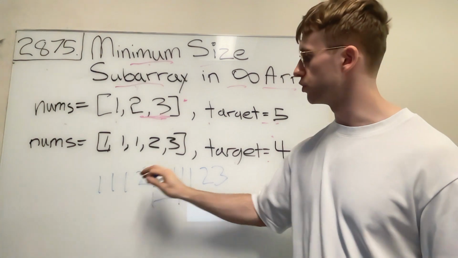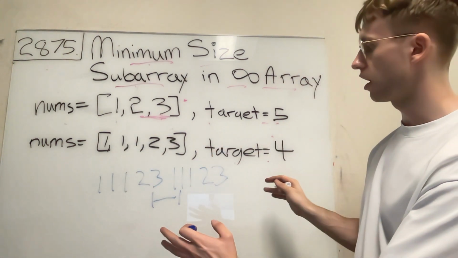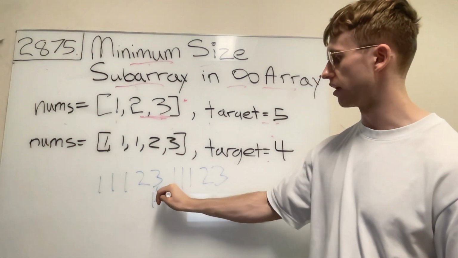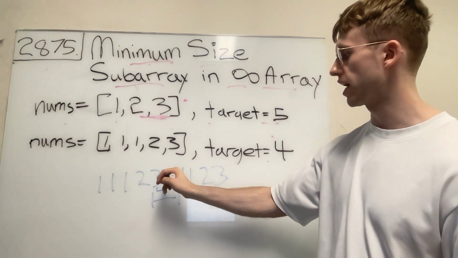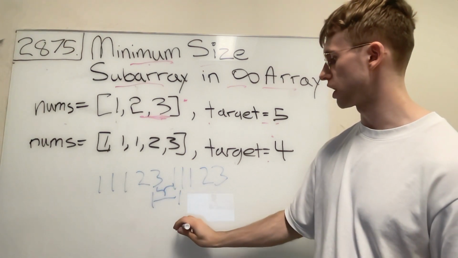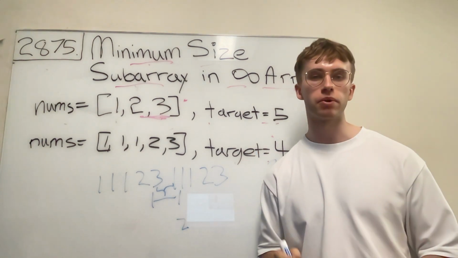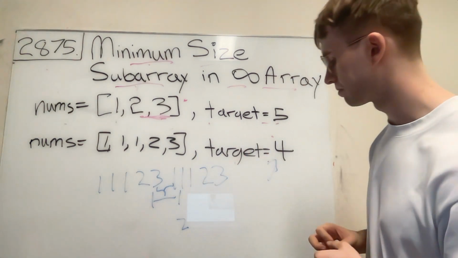In order to solve this one, you actually have to expand this array nums at least once in order to see this relationship that the final number and the first number in the array would have just a window size of 2. And that's actually the minimum in this case to sum to that particular target. So you actually have to expand this one to see that.